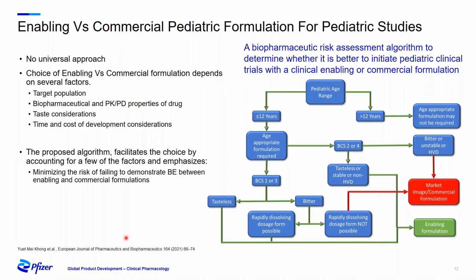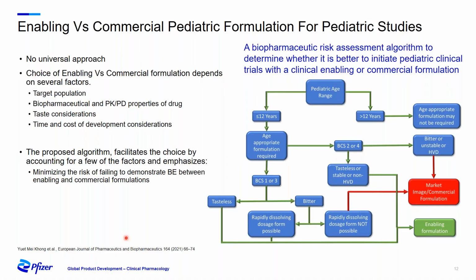The choice depends on, of course, timeline and cost of development considerations, and also the risk associated with using an enabling formulation, which is dictated by the target population, the biopharmaceutical and PK/PD properties of the drug, as well as taste considerations.